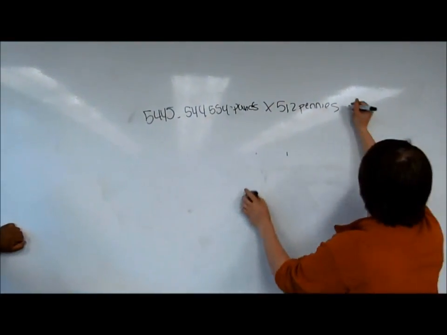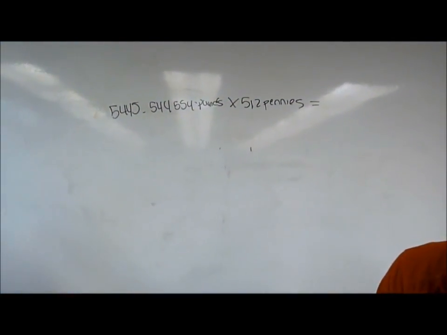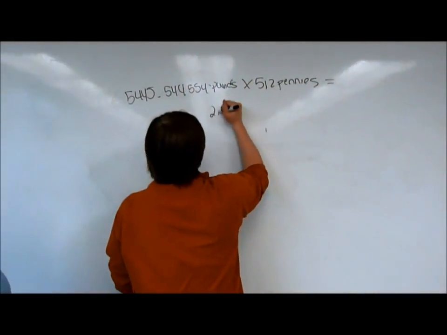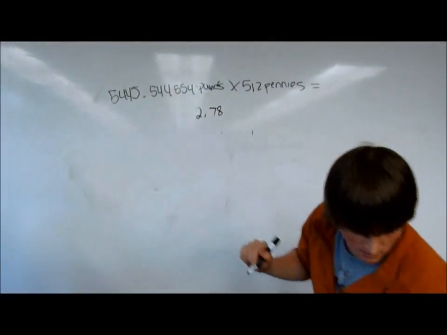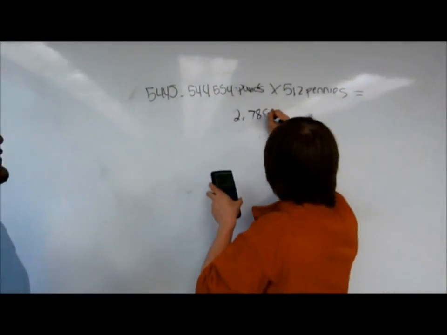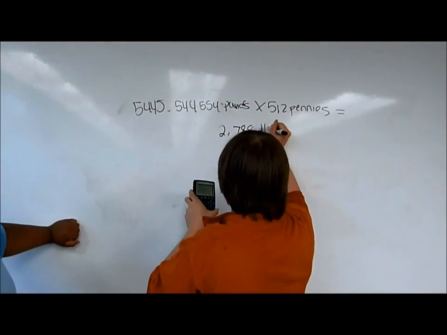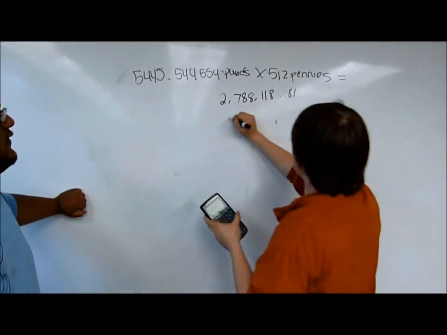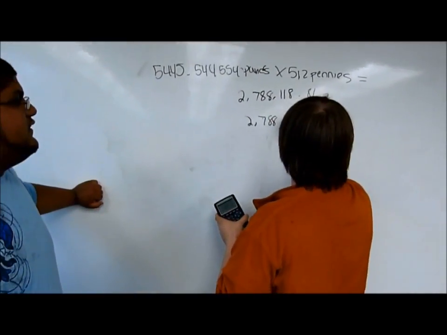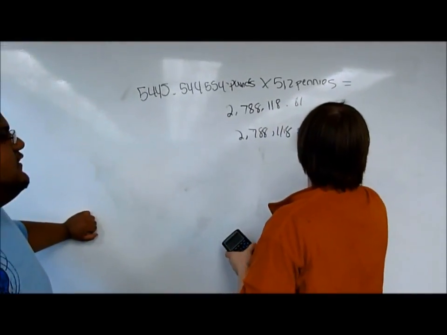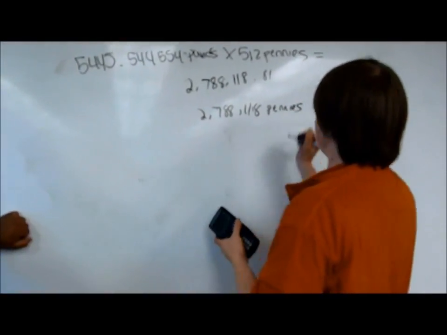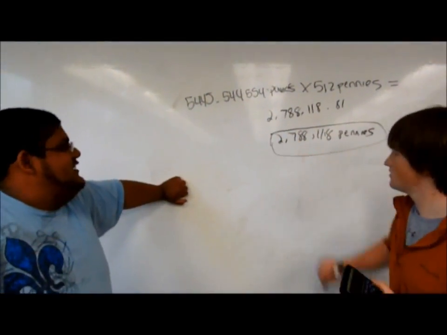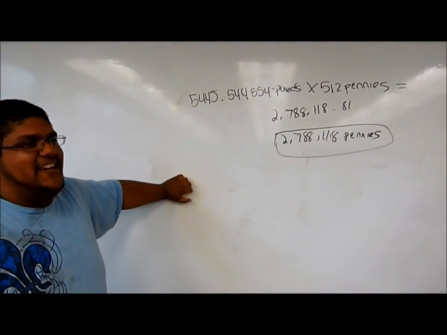And the answer to that is 2,788,118.81 pennies, but since you can't have that, it's just 2,788,118 pennies. And that would equal the average number of pennies to equal the average weight of an elephant.